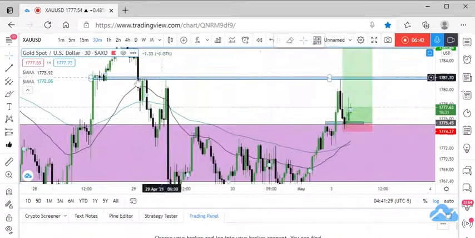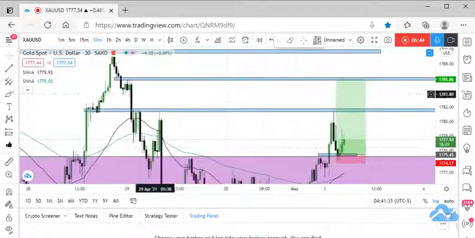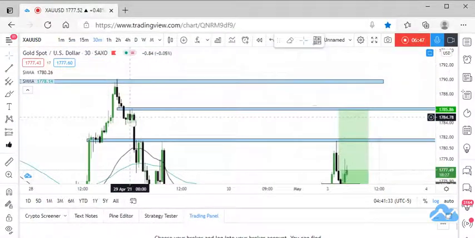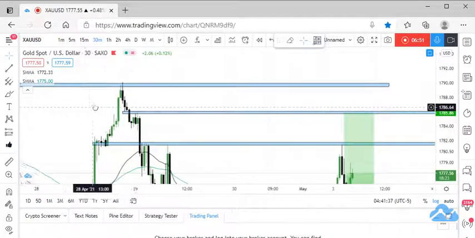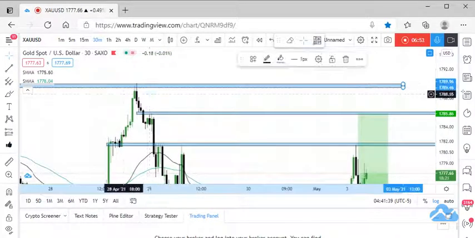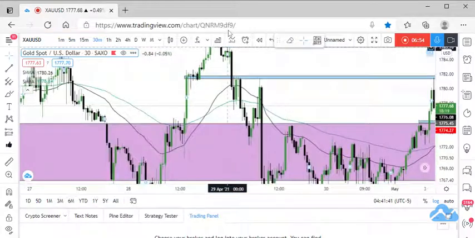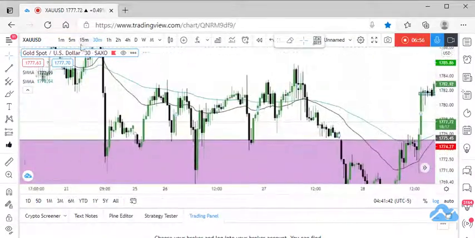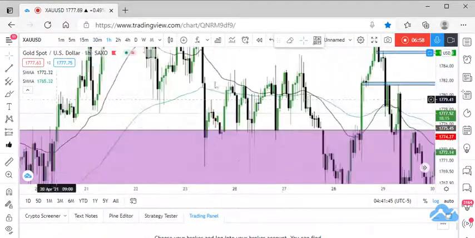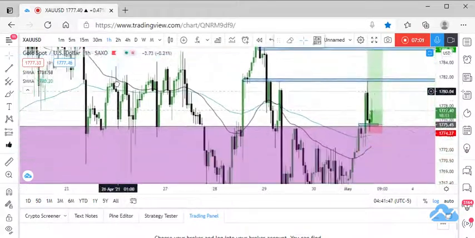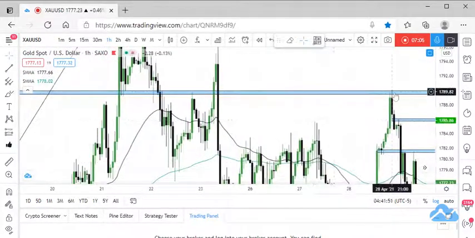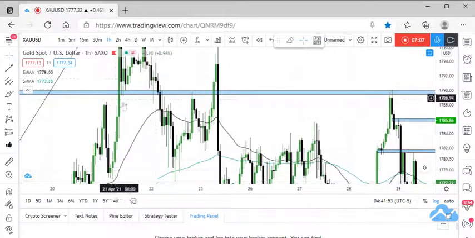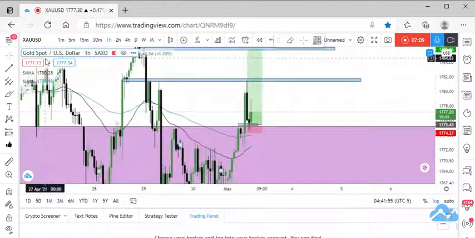So first target was this previous level. Second target was this indecision level right here. The third target was the original high. Well, as you can see, this last target had a lot of support and resistance within there.